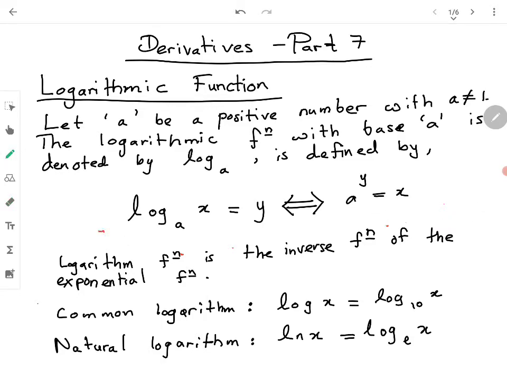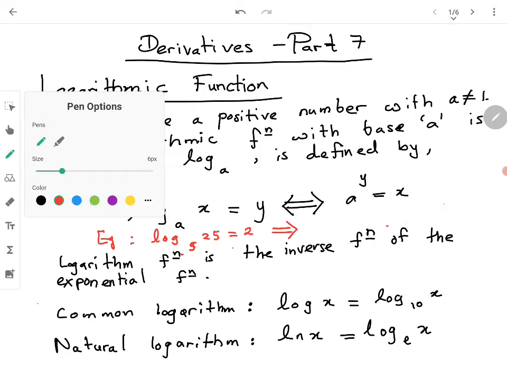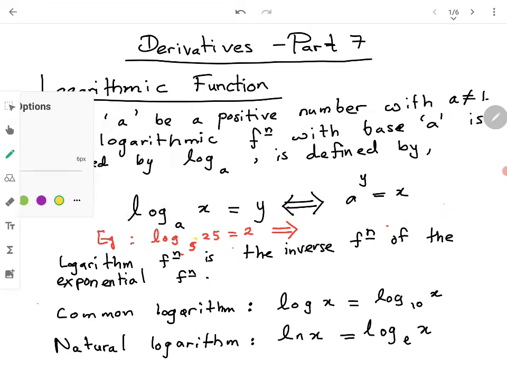So for example, say I give you the log form, then I should be able to write the exponential form of this log form.